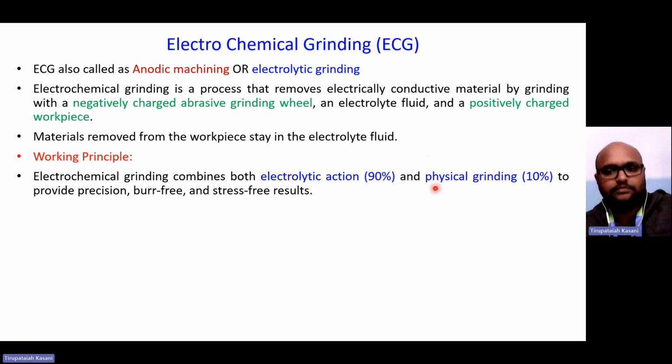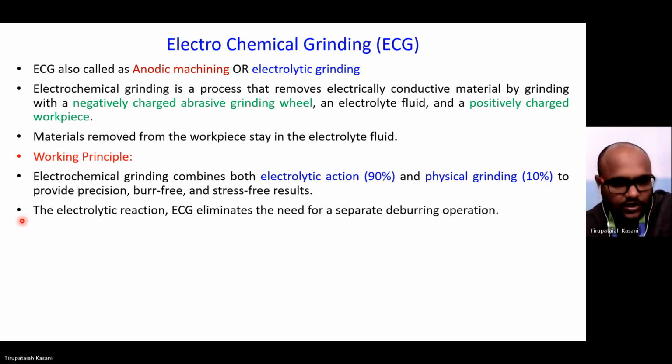People may ask that here there is 10% contact between the workpiece and the tool, but only 10% of the material is removed due to that direct contact, and due to electrolytic chemical action, 90%. That is the reason why majorly we consider this under the category of unconventional machining process.